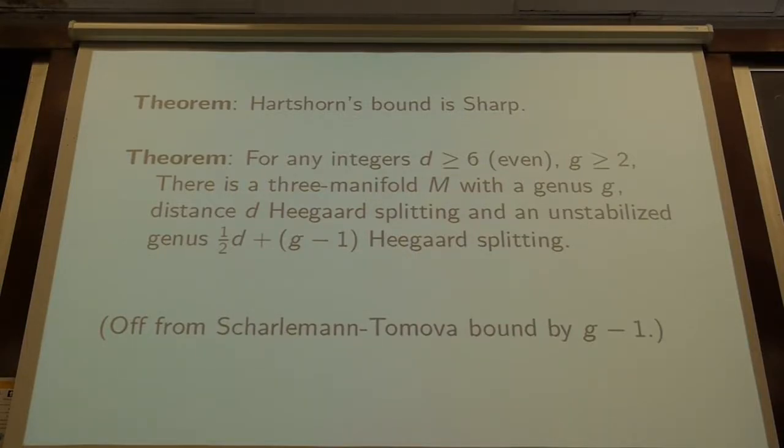And so whenever you have a hyperbolic three-manifold, you also have a geometric structure on it. And it turns out that in some sense it's that geometric structure that's causing this theorem to be true, and the Scharlemann-Tomova and Hartshorn theorems are all somehow more reflective of the geometry. So that's for the rest of the talk. I'm going to explain how that hyperbolic geometry plays into these theorems.